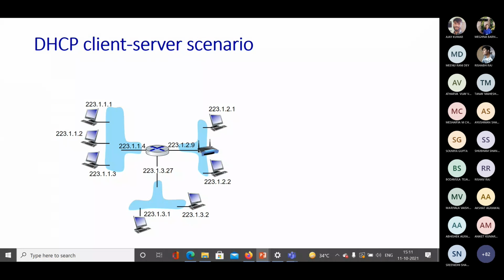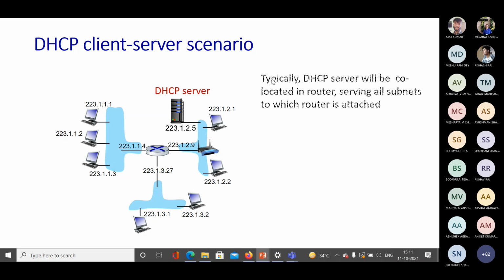So this is a DHCP client server scenario. We have a DHCP server here with IP address 223.1.2.5. Okay. This is information that typically the DHCP server will be co-located in a router serving all subnets to which the router is attached. So what does it mean?